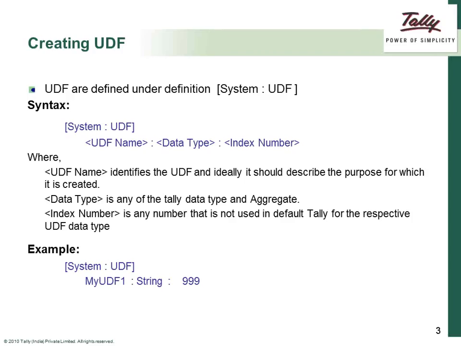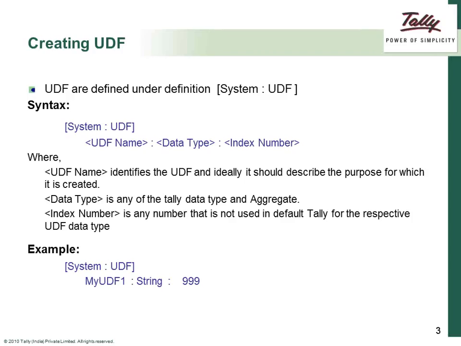So I can have a string data type from 20,001 to 59,999. I can have a number data type from 20,001 to 59,999. I can have date from 20,001 to 59,999.